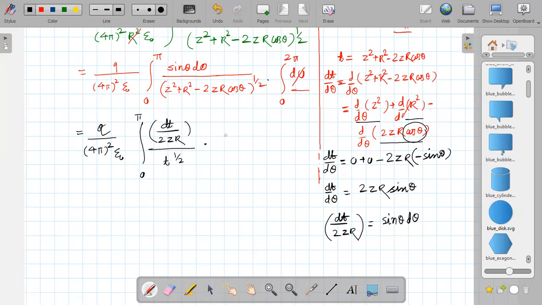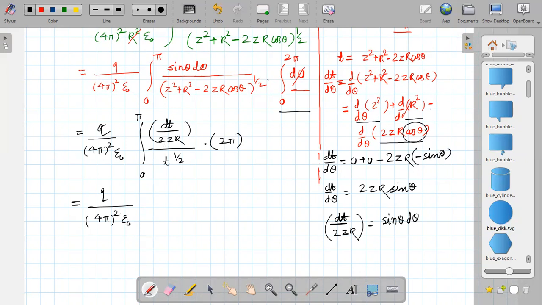And for this case, integration of d phi from 0 to 2 pi is your 2 pi. Again we can write q upon (4 pi) square epsilon 0.